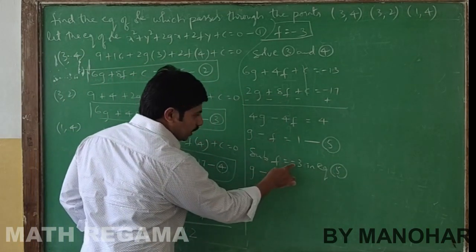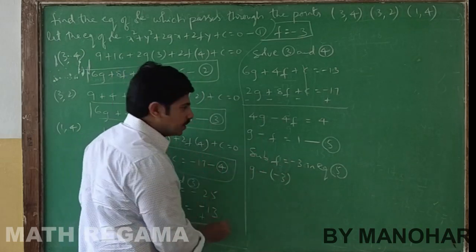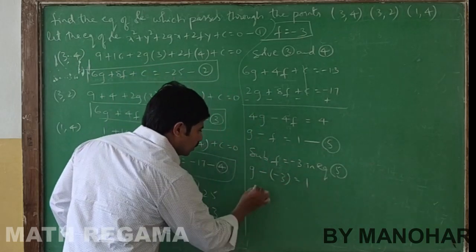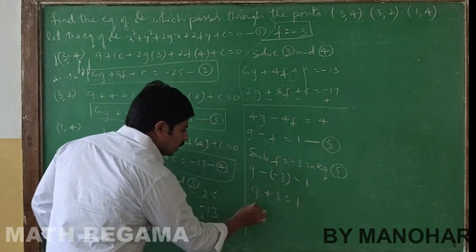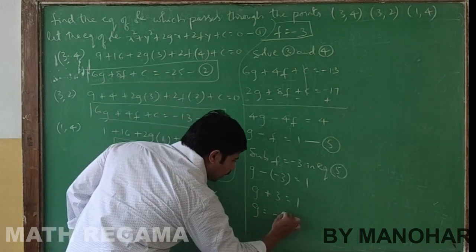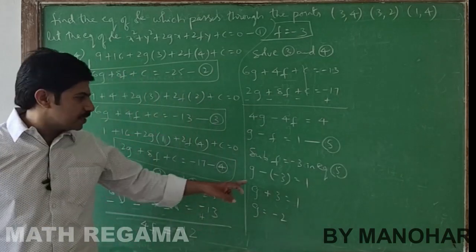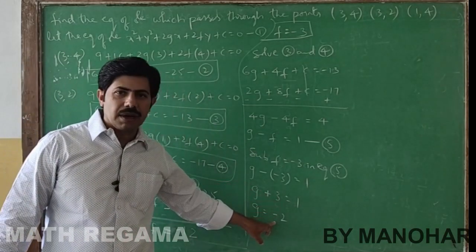I am substituting f as minus 3, minus sign as it is, equal to 1. So g plus 3 is equal to 1. g is equal to minus 2, because 1 minus 3 is minus 2.